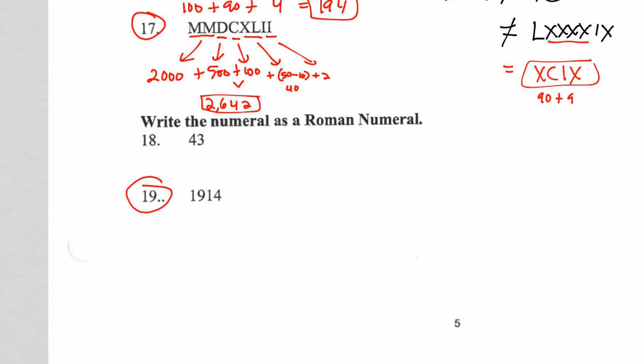So here's another objective. Go backwards and let's just split it up. This is going to be 1,000 plus 900 plus 10 plus 4. Once you split it up, now we can start labeling each piece.